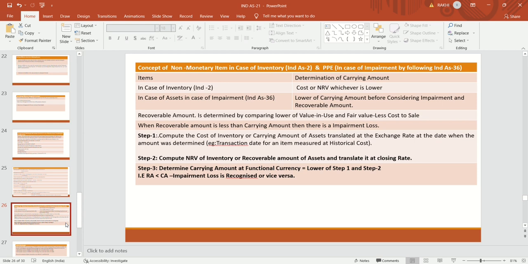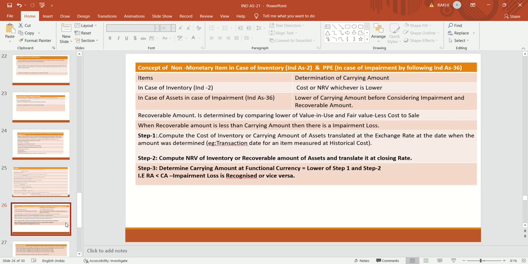And then, step 2, we will determine the NRV. In case of inventory, we will find out the NRV, and cost or NRV, whichever is lower, in order to determine the carrying amount in the functional currency in case of inventories.